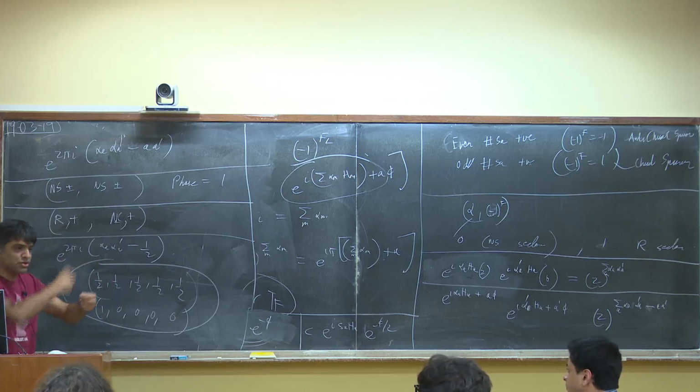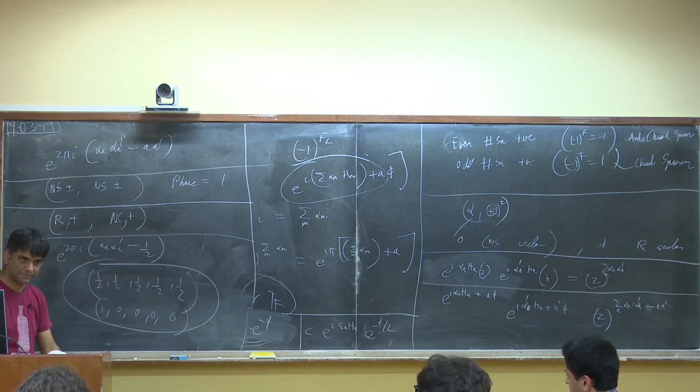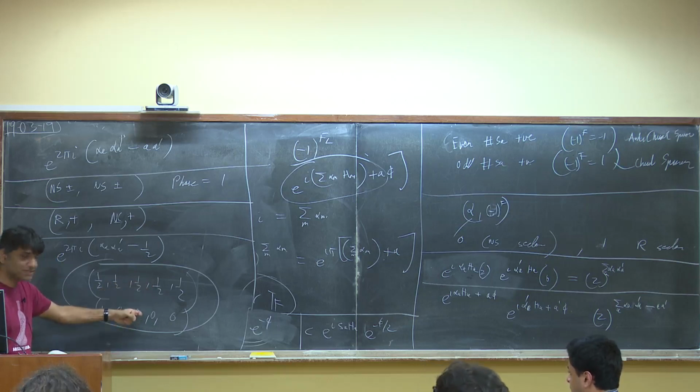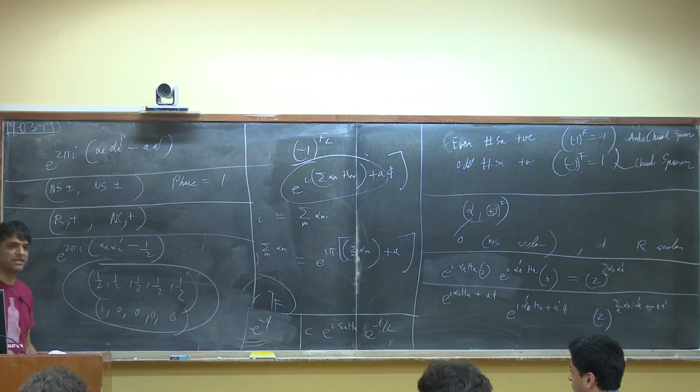And I showed you that the mutual phase for this particular choice of states was plus 1. Now I want to try to convince you that that answer is true of every pair of states in the R plus and NS plus sector, and was not just a feature of this particular example I chose.